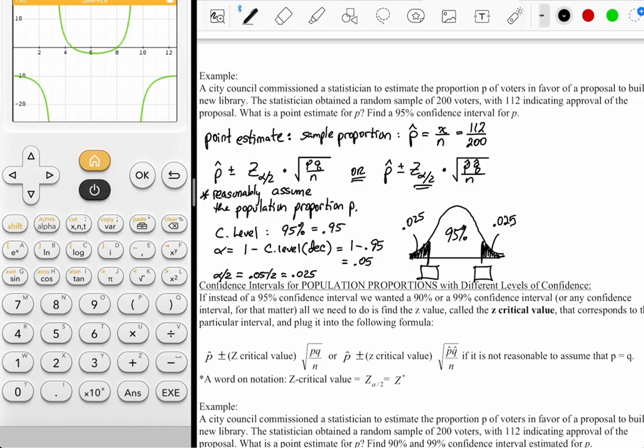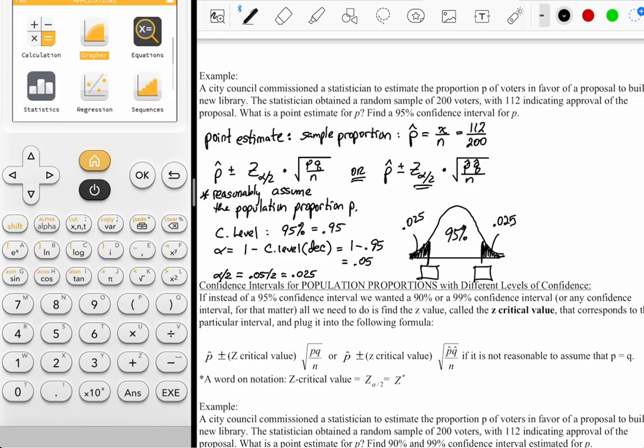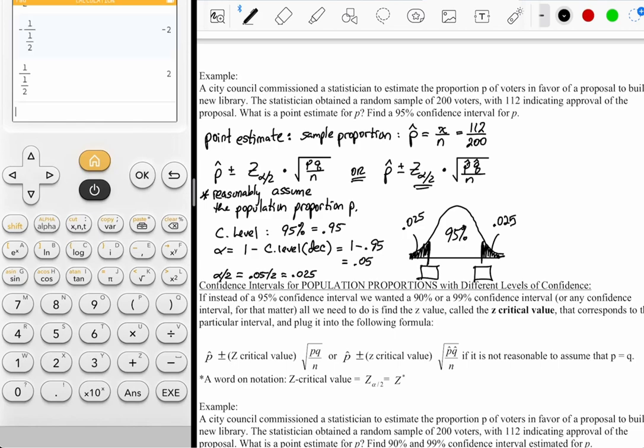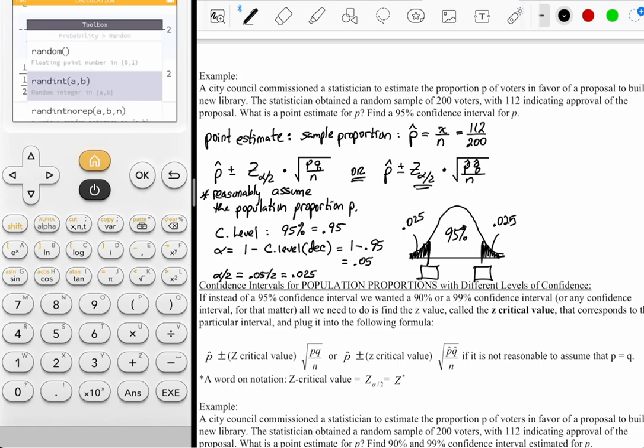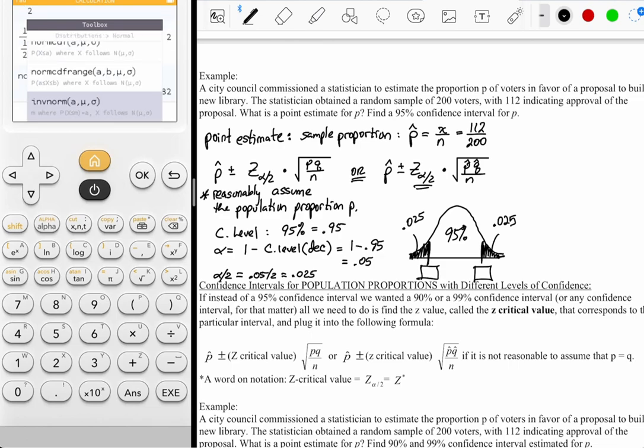All right, so we go back to our first half of the unit in probability, I believe. Even before that, we covered it in Unit 1 also. But I'm going to go into my calculation menu, toolbox, and under probability, we're going to select distributions, normal, inverse norm.